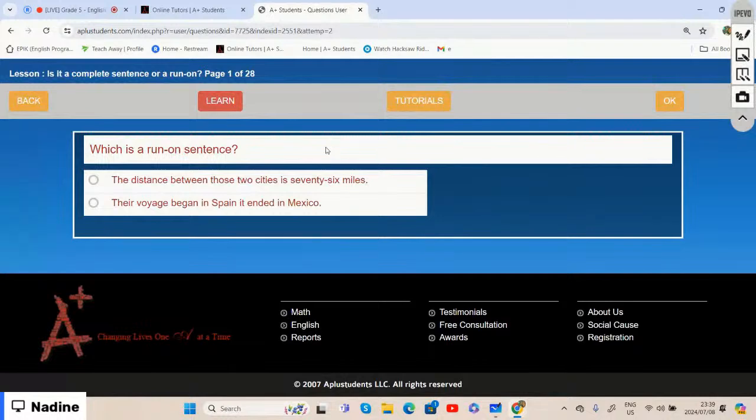We need to say which one is a run-on sentence. It says option one, the distance between those two cities is 76 miles. Or option two, their voyage began in Spain, it ended in Mexico. We need to say which one is a run-on sentence.